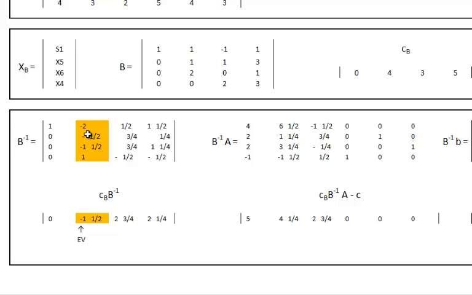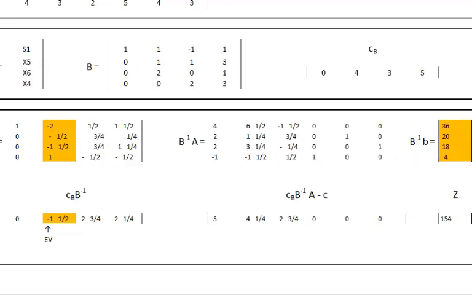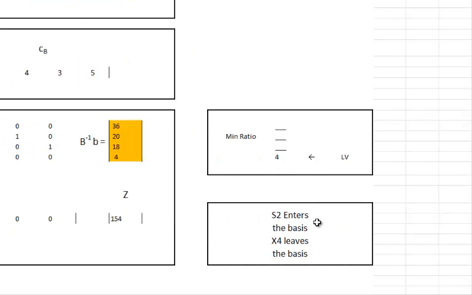Remember, all these three numbers are negative, and it was only the last one that could do that, and the last one corresponds to x4. So x4 is going to leave the basis, and s2 is going to enter the basis. So we will form the new basis based on s2 replacing x4.